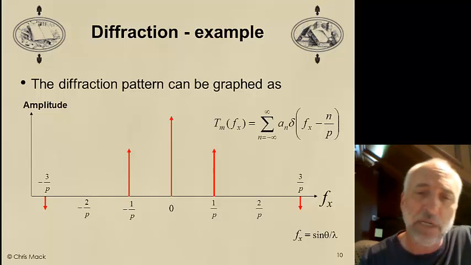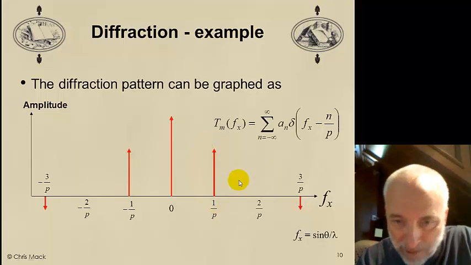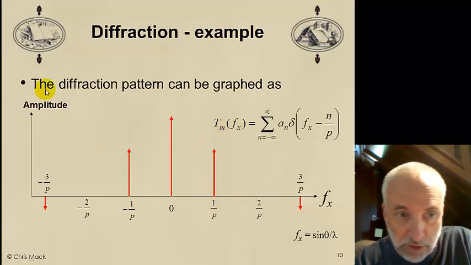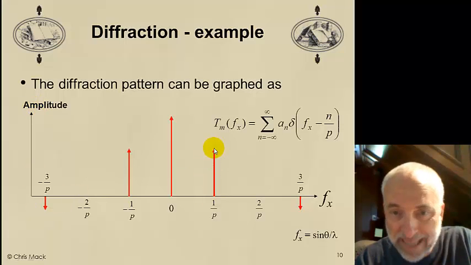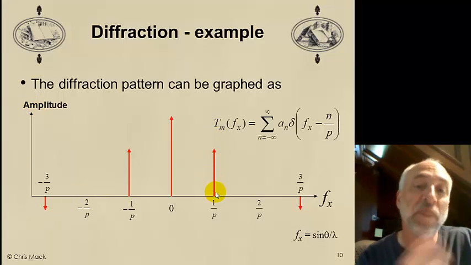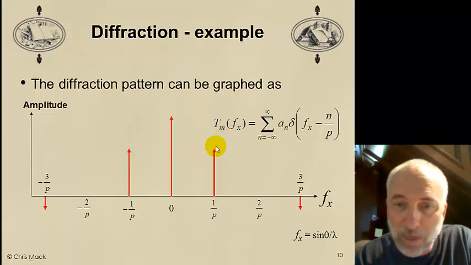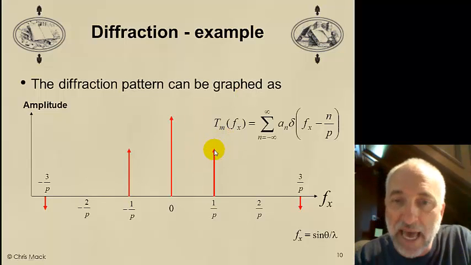Instead, I'm going to graph a delta function by drawing an arrow. So whenever I see an arrow, when I should be drawing the amplitude, the arrow tells me, oh, that's a delta function. It really has zero width and infinite height, but what I'll graph instead is the thing multiplying the delta function.